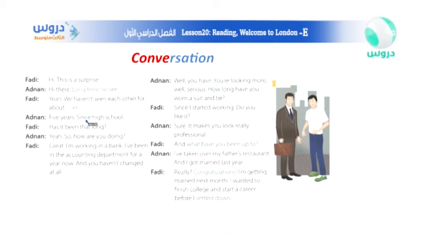We use since with years: 2005, 1995, 2010, etc. And we use it with occasions, since high school. We use for with a number of years. For example, I haven't seen Ahmed for 17 years. I haven't seen him for 17 days, etc. Did you get this?